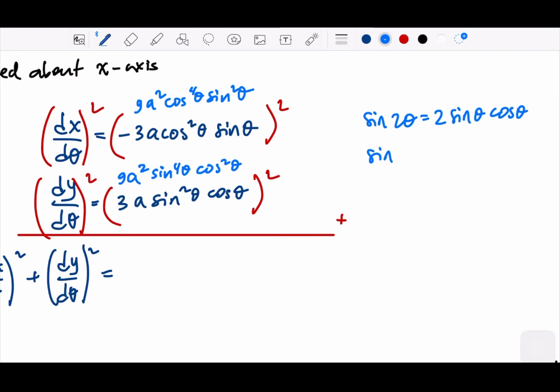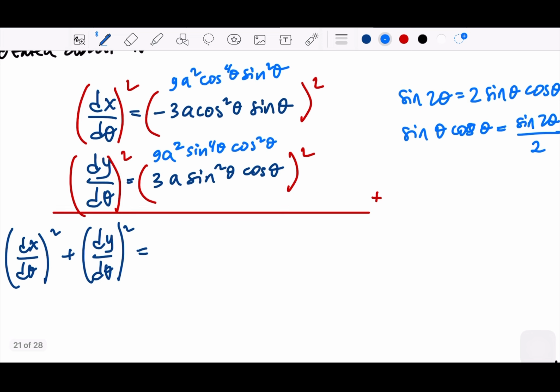So every time you have sine theta cos theta, we can rewrite it as this. Now let me write, and since both have 9a squared, we can factor out.